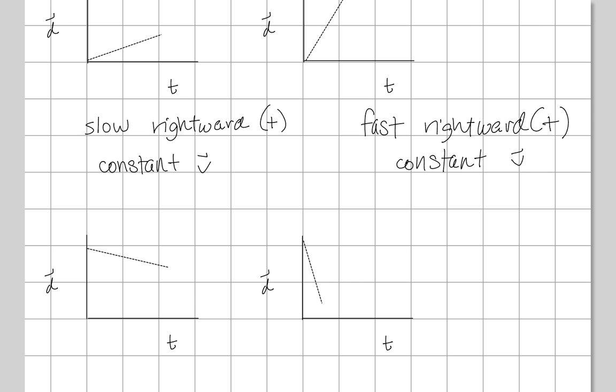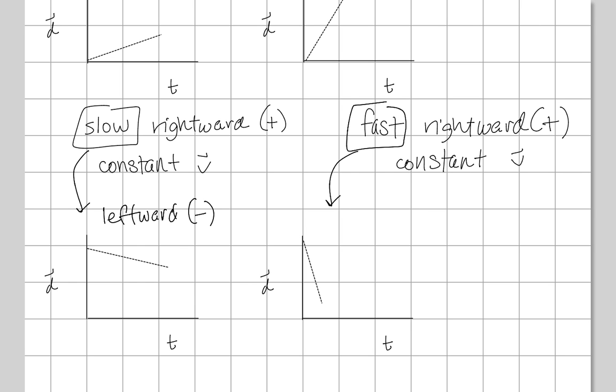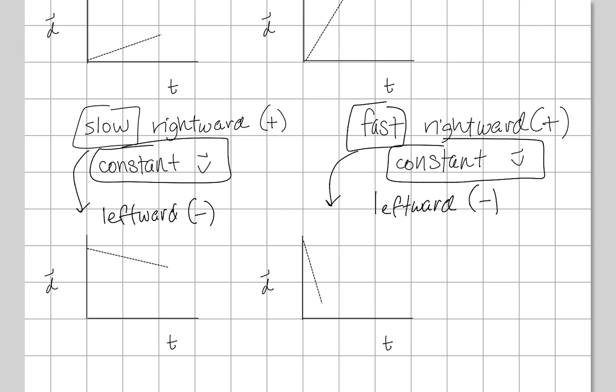So again, it's slower, but now we're going leftward. And that has to do with the negative slope. And on this graph here, it's also moving faster, but we're going leftward because of the negative slope. And again, they're both constant velocity because of the linear shape.